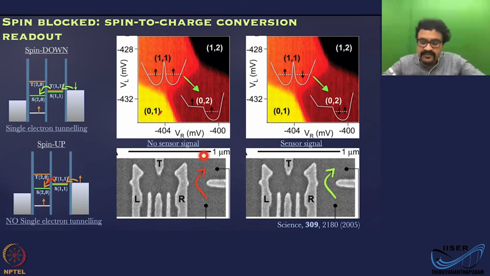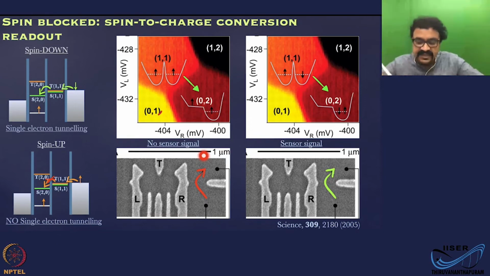But now, when I bring it here, the question is, would it form a 0-2 state or not? This is a 0-2 charge configuration. And this is a 1-1 charge configuration, this is a 1-2, and this is a 0-1 charge configuration. But now when I bring this from here to here, what you're doing is you're making the well something like this.